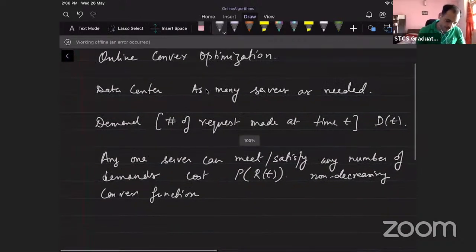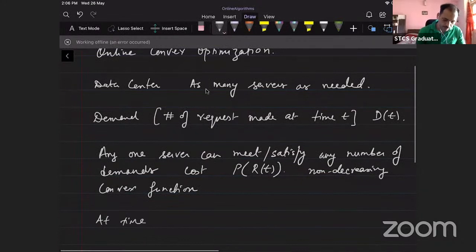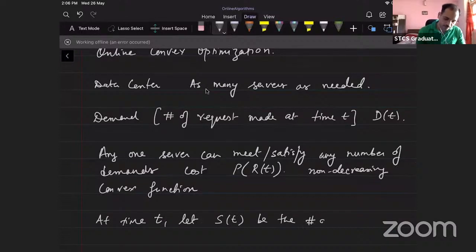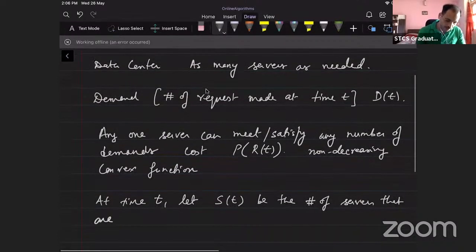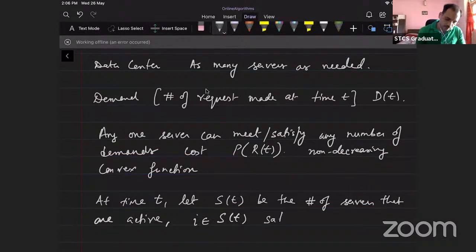So at time t, let S of t be the number of servers that are active, and any i belonging to S of t satisfies Ri of t demands.